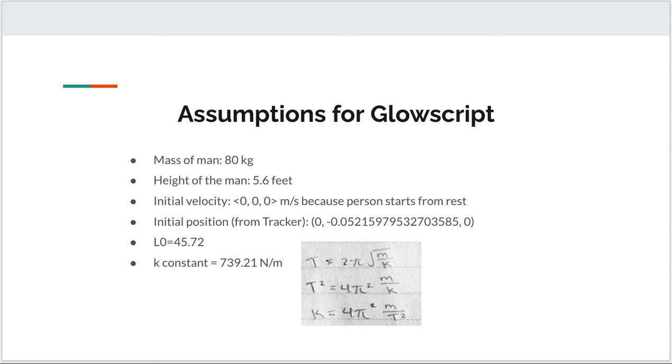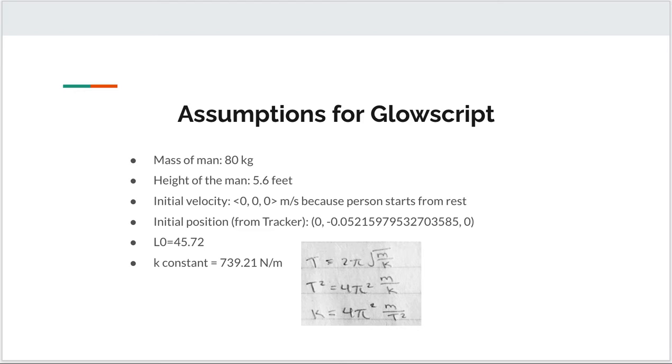Now, continuing on to some assumptions that I had to make for GlowScript. Because it was a man in the video, I assumed that his mass is about 80 kilograms and that his height is 5.6 feet, which are the average statistics for a man. Because he starts from rest, the initial velocity is 0, 0, 0. The initial position we obtain from Tracker, which is the numbers shown on the screen.